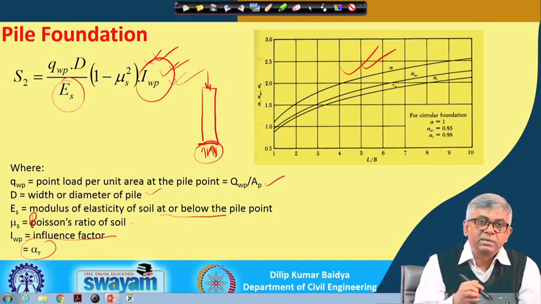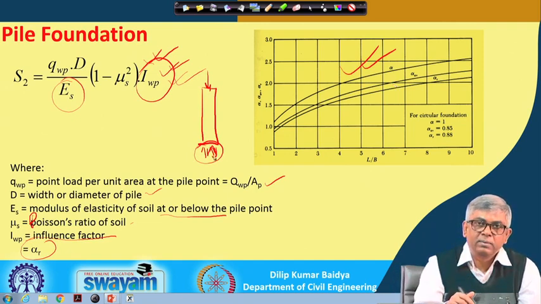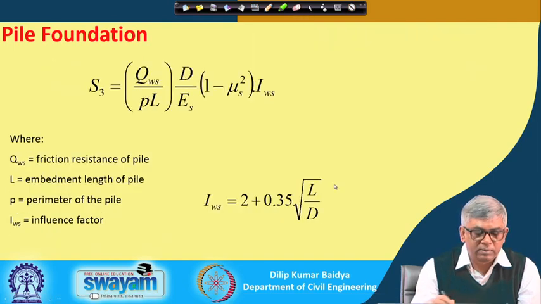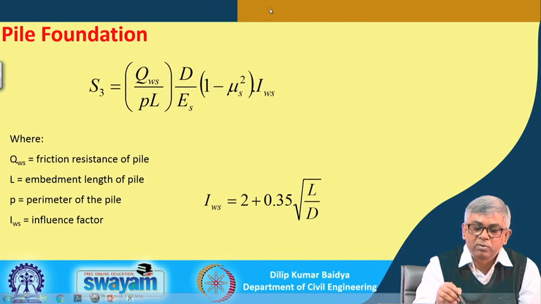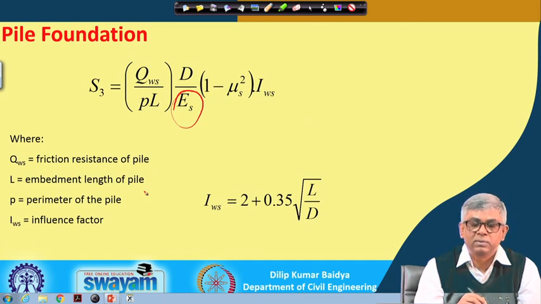So this means, because of the pile compression, and this is the compression of the pile tip, the elastic compression of the soil below the pile. That is the second part, and the third part you can see S3, again that is because of soil compression only. How you differentiate whether it is soil compression or pile compression is based on what modulus value was taken.